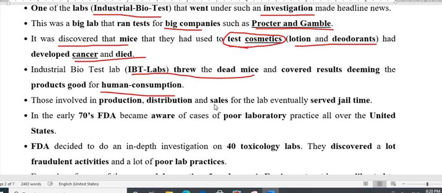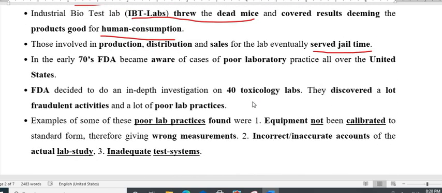Because of that, many concerned persons in that laboratory were jailed and served jail time. So thereafter, in the same 1970s, the United States introduced the concept of GLP to validate the data as well as the research work as per the OECD guideline under the principle.